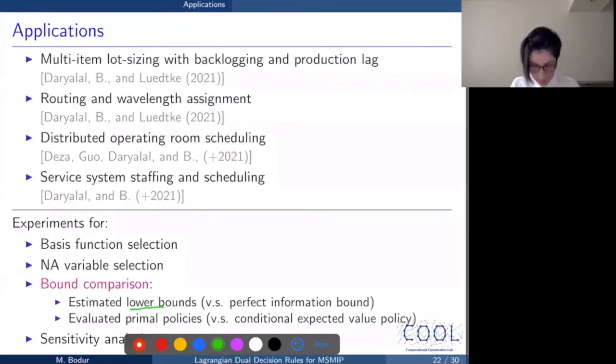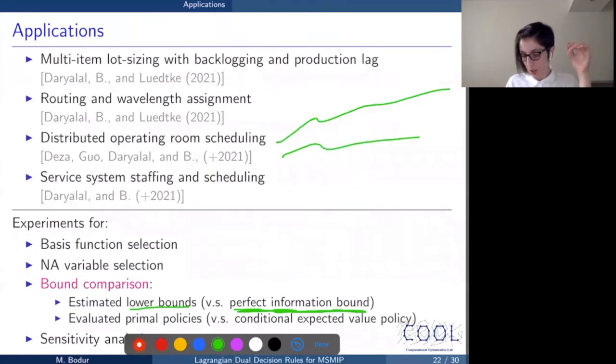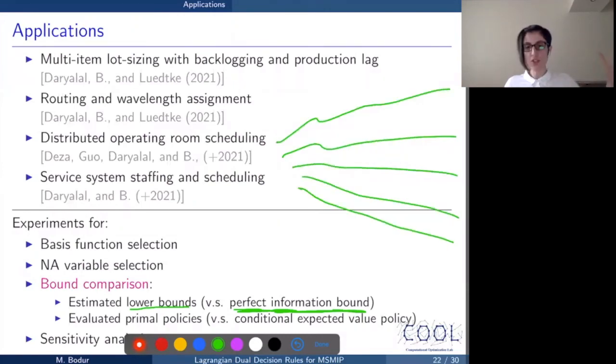In order to get, for minimization problems, again, lower bounds, we will be comparing our bounds against the most commonly used standard lower bounding technique for multi-stage stochastic mixed integer programs, namely the perfect information bound. So basically, you look at the future, take a huge sample of scenarios, solve a deterministic problem for each, record the objective value, and you take the expectation of these optimal objective values to get this perfect information, namely PI, bound.